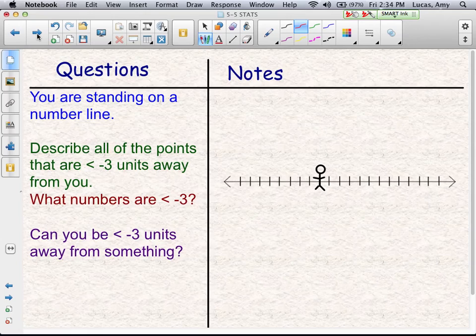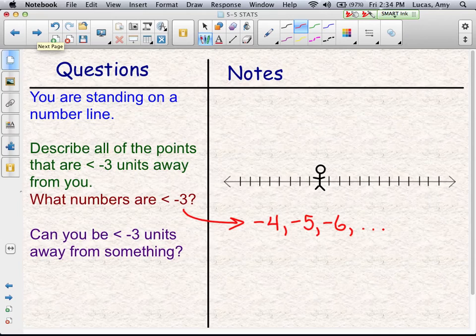That might sound kind of weird. How can you be less than -3 units away? So think about what numbers are less than -3. So the numbers less than -3 would be -4, -5, -6, and so on. Those numbers are smaller than -3.